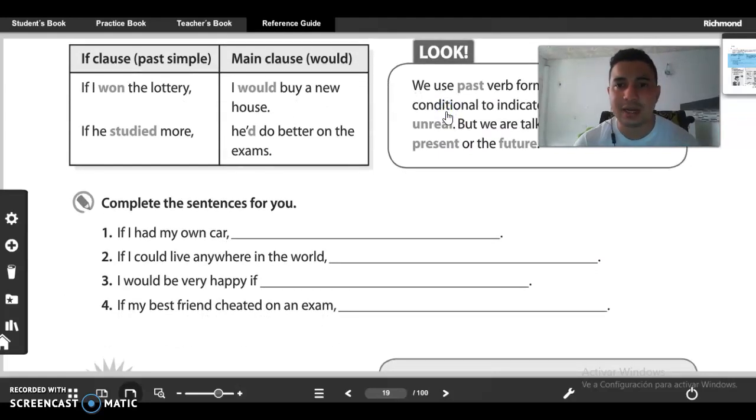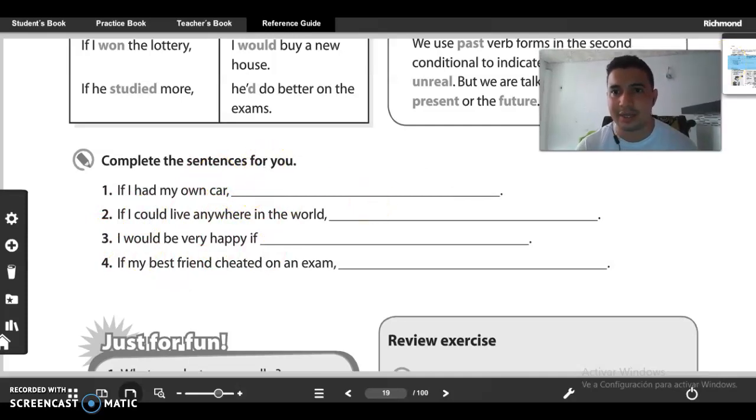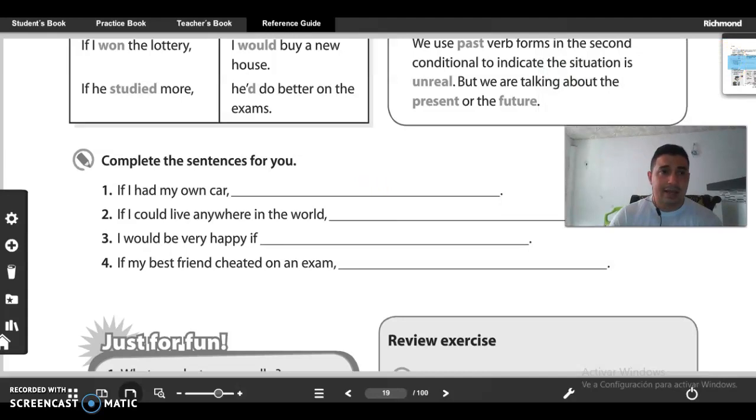In this situation, guys, I would like you to complete this activity in your reference guidebook. If you don't have the reference guidebook, please just write these activities in your notebook and try to do this for practice, because I consider you will need it. For example, what would you say if I had my own car?